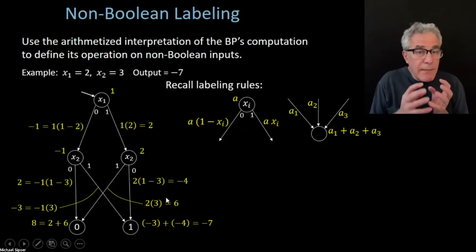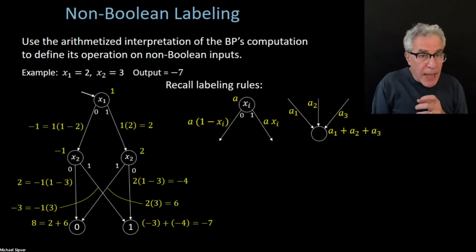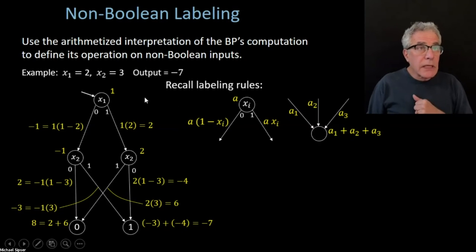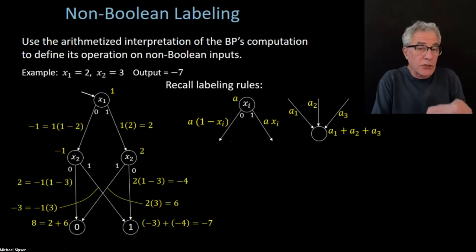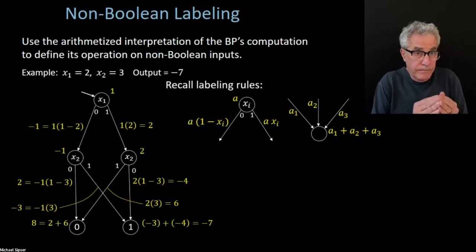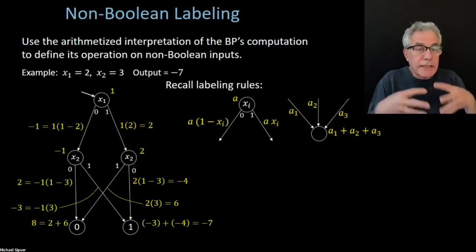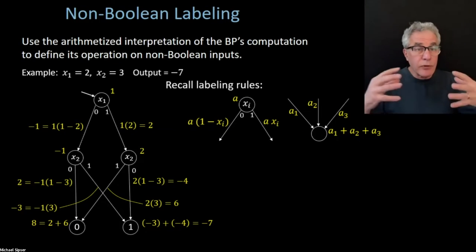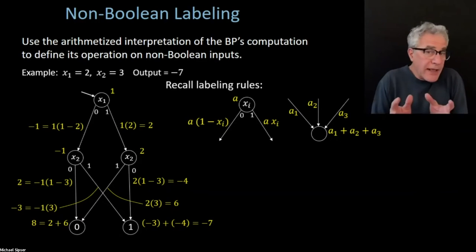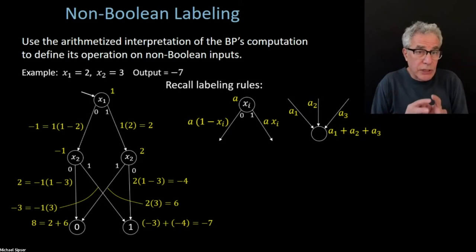You would get the same answer that you would get by following the path, because the arithmetical simulation is a faithful simulation of the ands and ors, and the ands and ors capture exactly what the path does. So this is a strict extension of the operation of the branching program into a new realm, these non-Boolean values. On the old realm, it behaves just as it did originally, and that's critical to understand that.